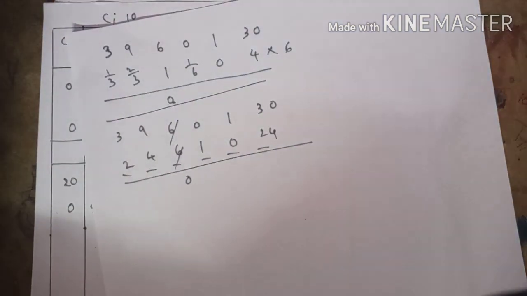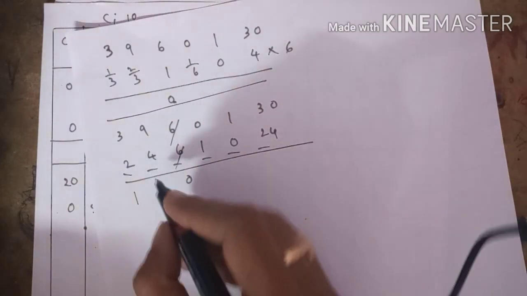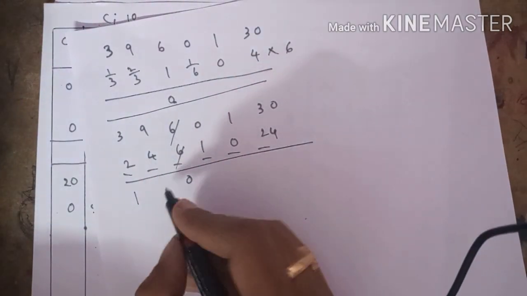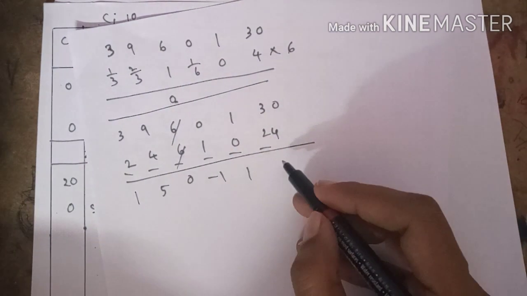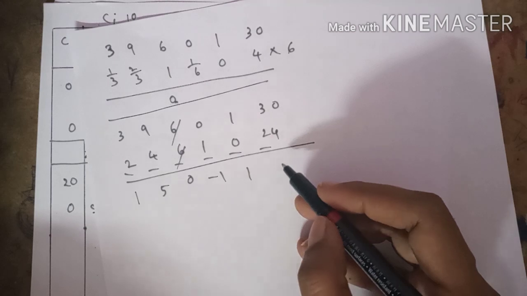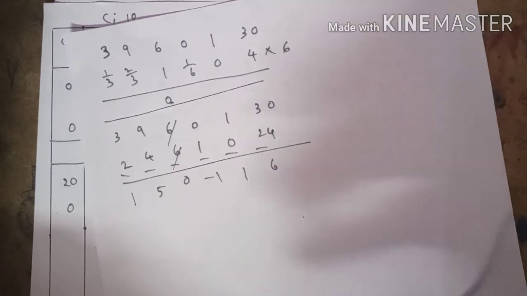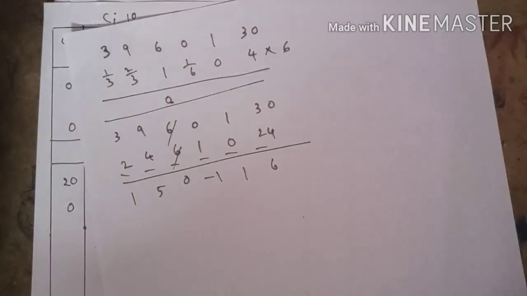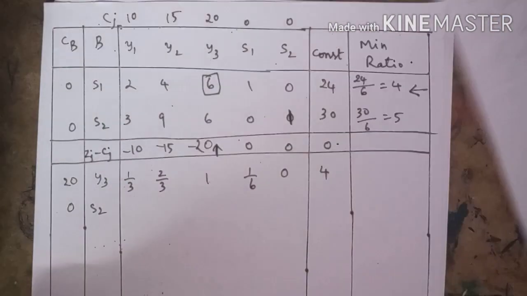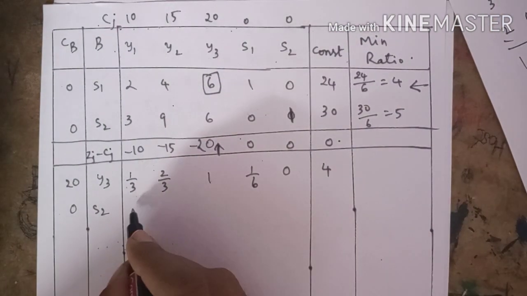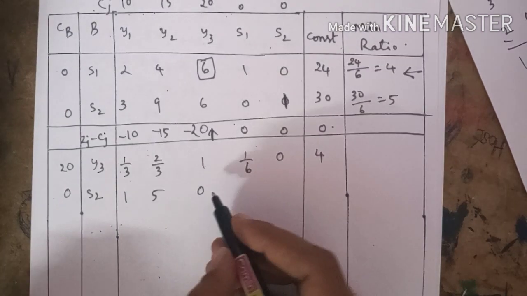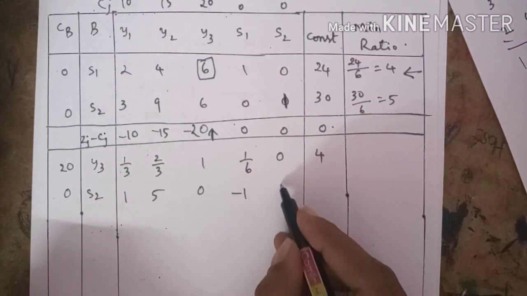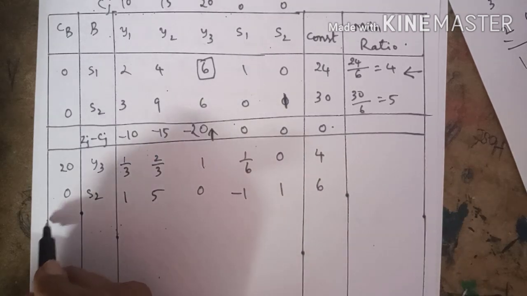Now how much will you get? 3 minus 2 is 1. 9 minus 4 is 5. 6 minus 6 is 0. 0 minus 1 is minus 1. 1. 30 minus 24 is 6. Now we will write these values here: 1, 5, 0, minus 1, 1, 6.